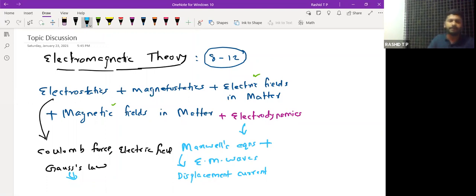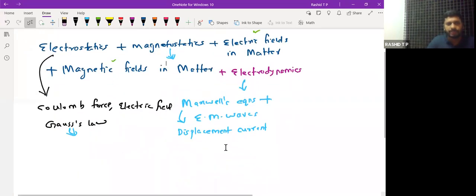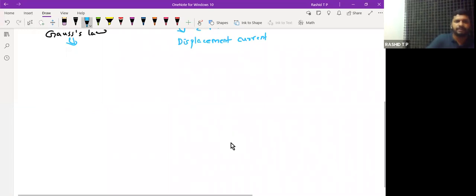Some options were given, and that comes under the application of Gauss's law. While teaching each topic, I will give you more information. Don't worry, these are not that difficult. We will cover all these topics and do a large number of problems also. Now, let us go to the first one, electrostatics.